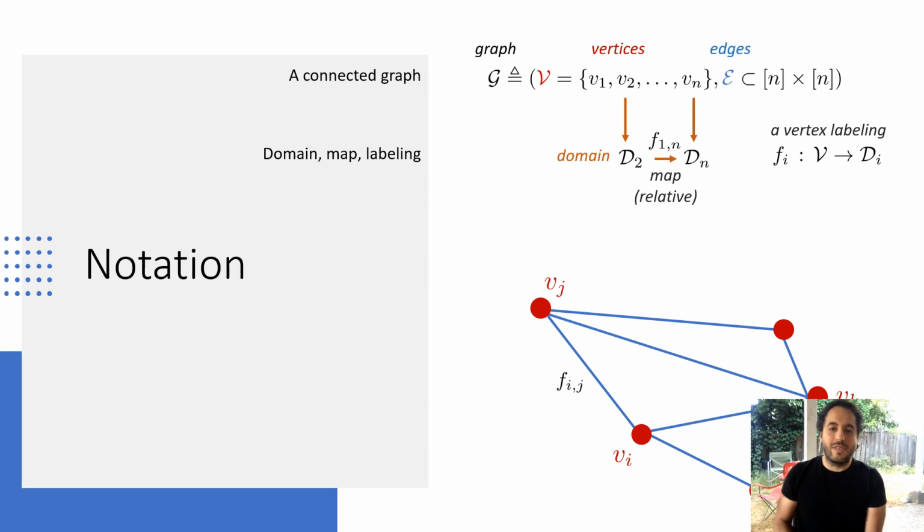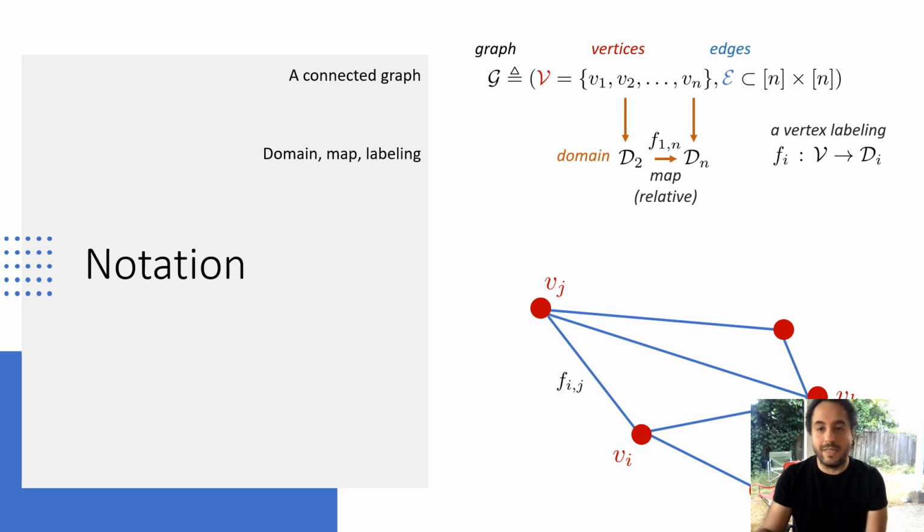So let me introduce some notation to begin with. I will be speaking of a graph that is composed of certain vertices and edges. The vertices, we could think of as a set, and each vertex is associated with a domain. That's a domain where a quantity is stored per vertex. It could be images, it could be camera poses, anything, really.